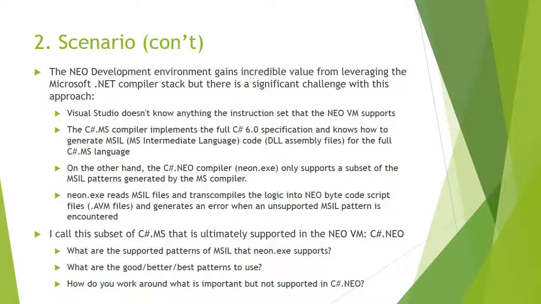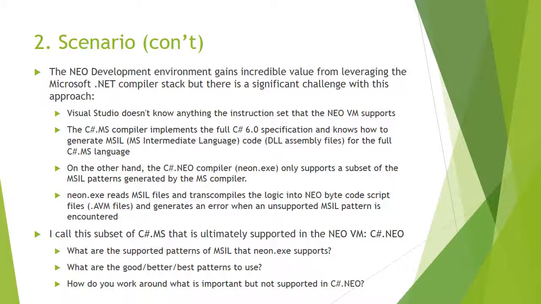So it becomes an interesting scenario trying to figure out, at a C# source code level, what patterns are supported in the C# language that in turn will be transcompiled into Neo VM bytecode and in turn will execute on the VM itself.